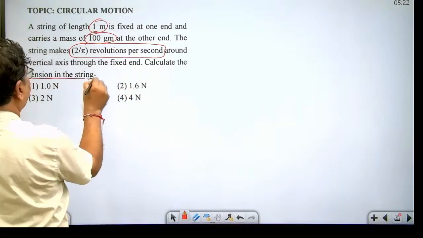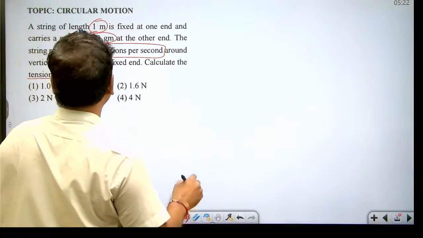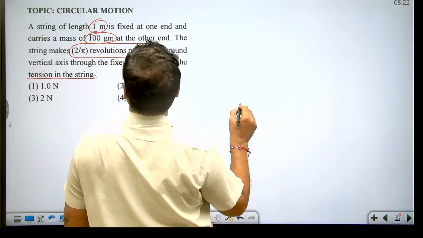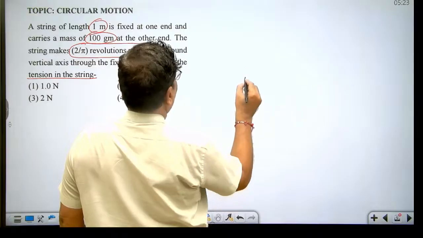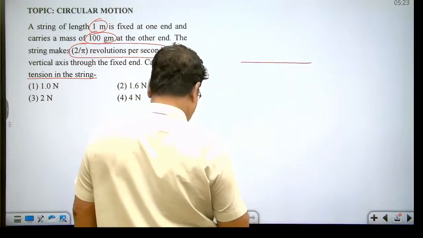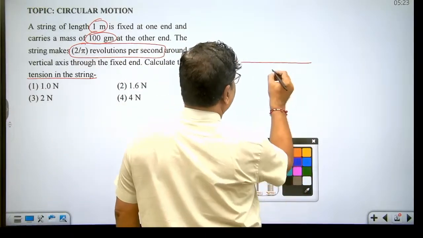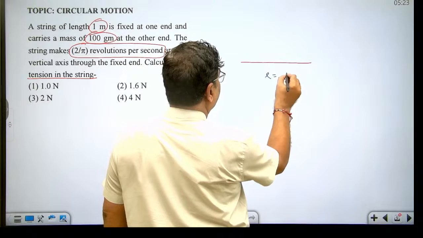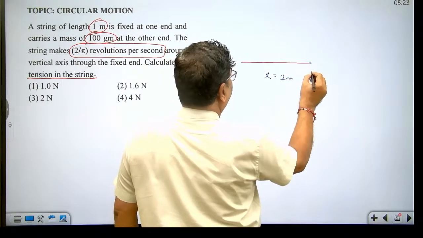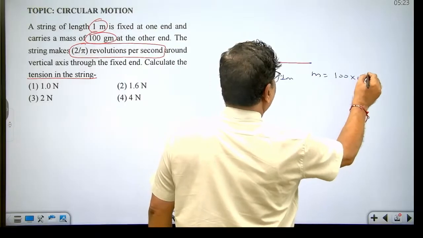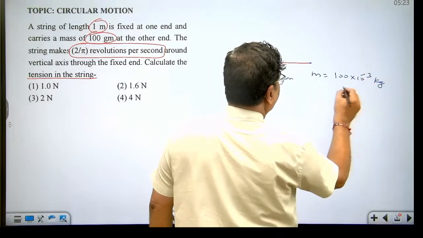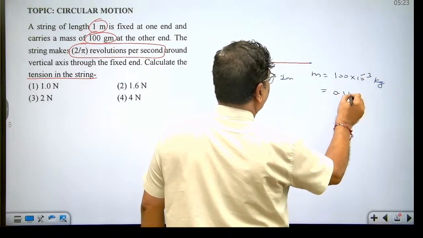Now we have to determine the tension in the string. This is the question. The length of the string is 1 meter and the mass of the particle is 100 gram. 100 gram means 100 into 10 power minus 3 kilogram, that means 0.1 kilogram.